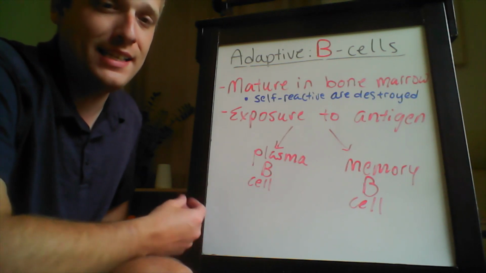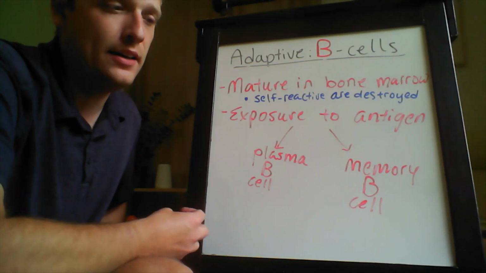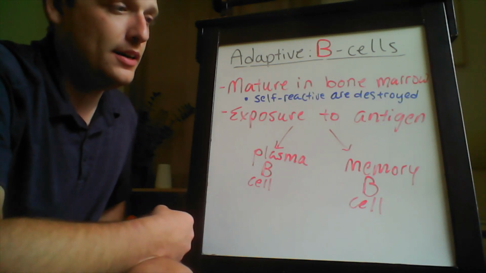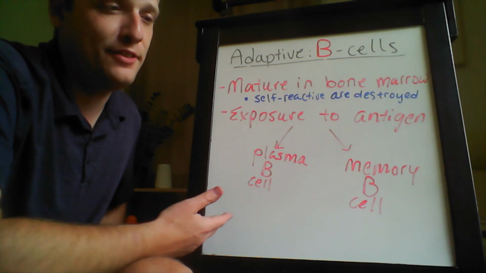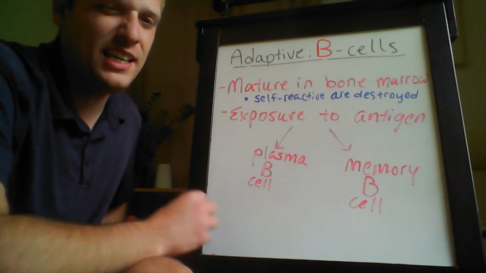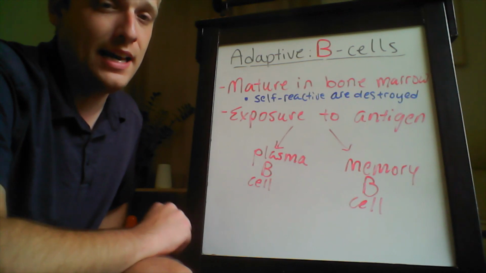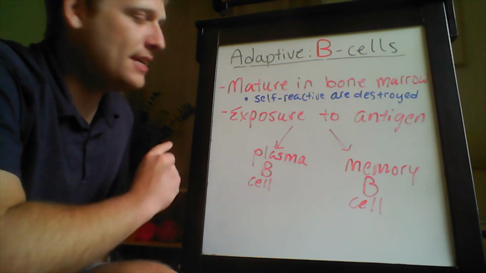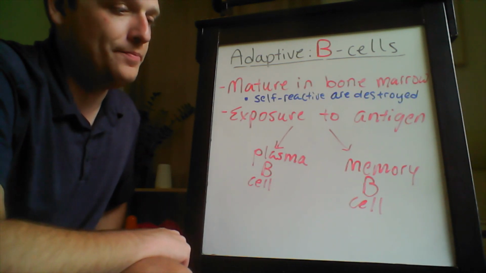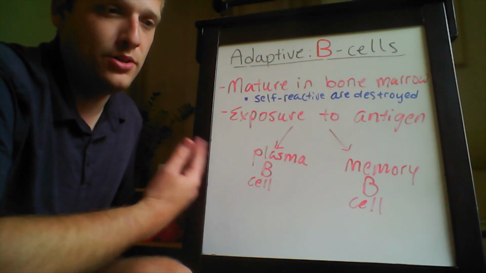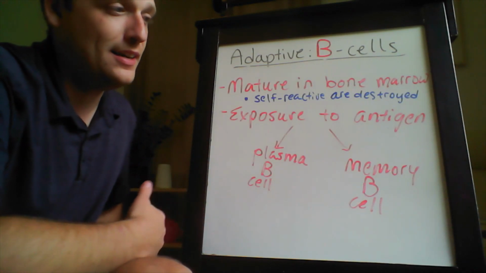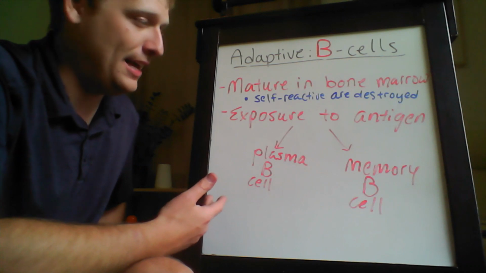This is kind of like T cells, where we mentioned that your body produces many different types of T cells that each can have the capacity to recognize a unique antigen. Same thing with B cells. The body is constantly producing B cells that can recognize a variety of types of antigens.